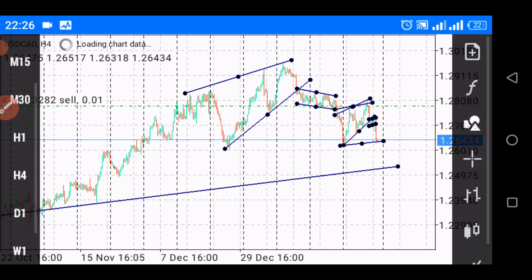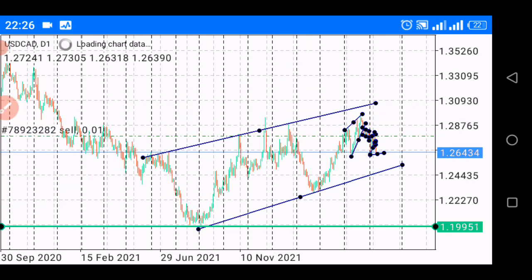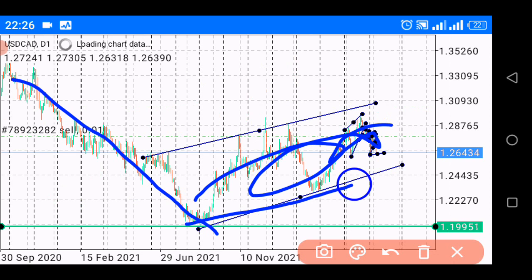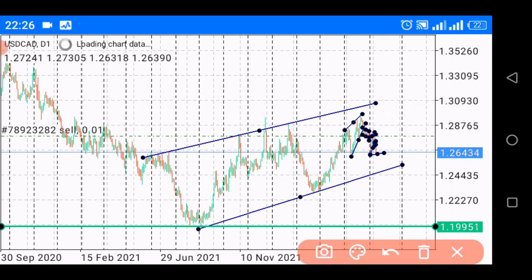All the things that we are seeing here are market reactions. So the first thing you should notice is the market movement, after that, look at the market reaction inside the market movement to predict the next market movement. That is just the market structure. Start combining pattern with pattern to predict the next market movement.